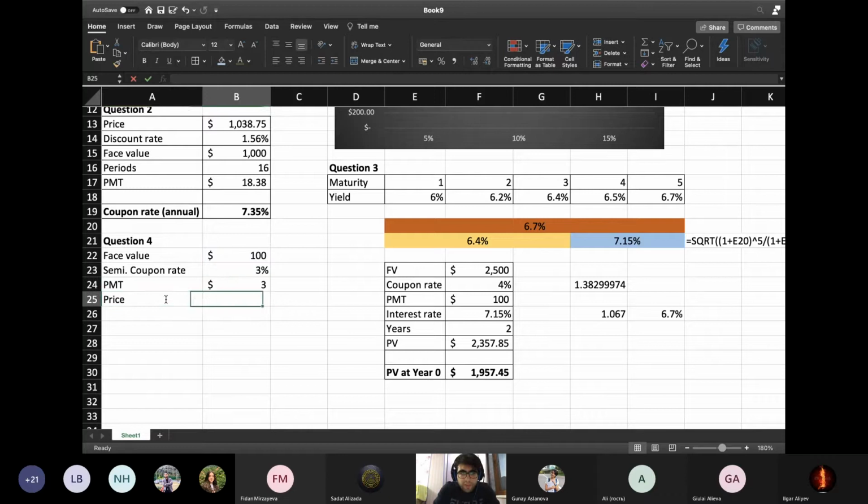We have market price as well, or present value, $101.84. In the calculation, I will give it as minus because it should be cash outflow and the payment should be cash inflow.